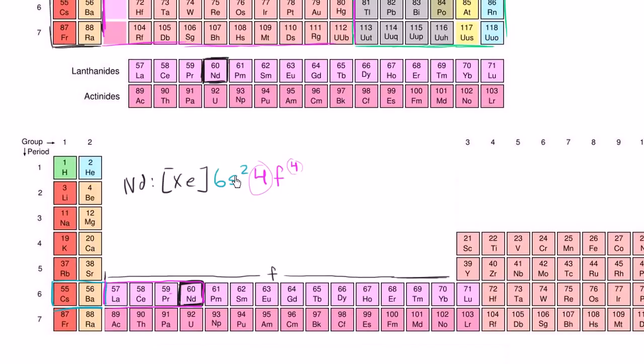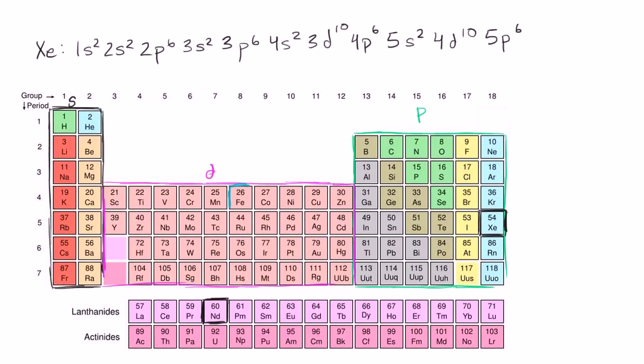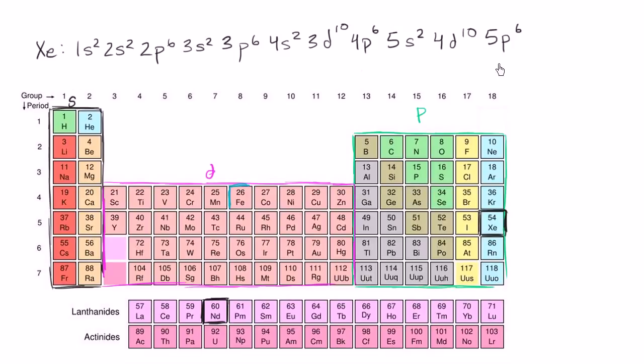And so this is a pretty neat shorthand, because the other way to write the electron configuration of neodymium would have been to write down all of this. So let me do that. Let me copy and paste it. Actually, I think that's going to take up too much space.